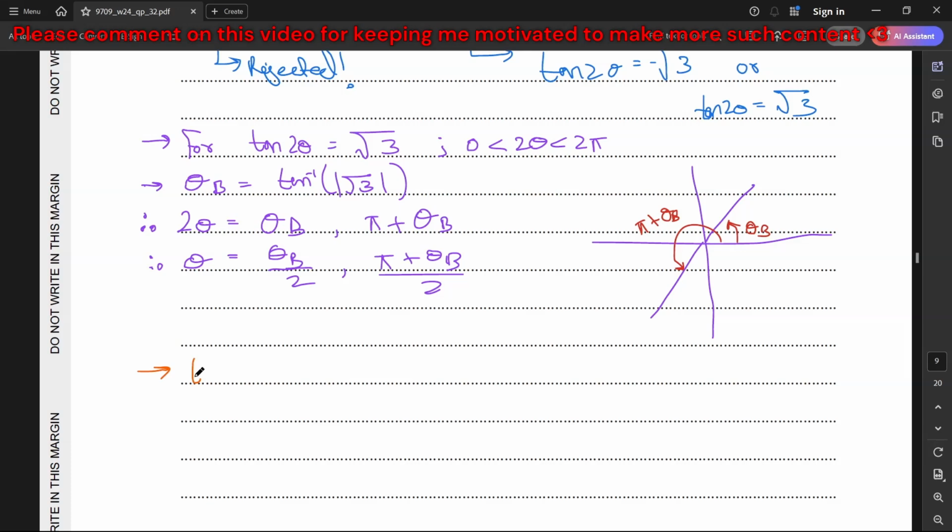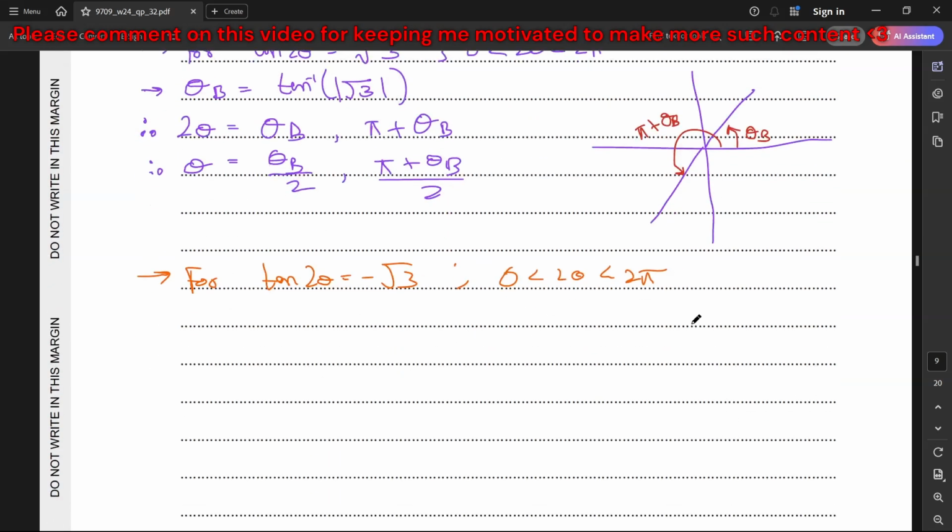So yeah, now for tan 2 theta to be negative root 3. Again, now 0 to 2 pi for 2 theta is what I'm looking at because of the double angle. And now I need to look at where tan is negative. It is negative in the second and the fourth quadrant. So we know that this is theta basic. I'll use red color to mark the final answers.